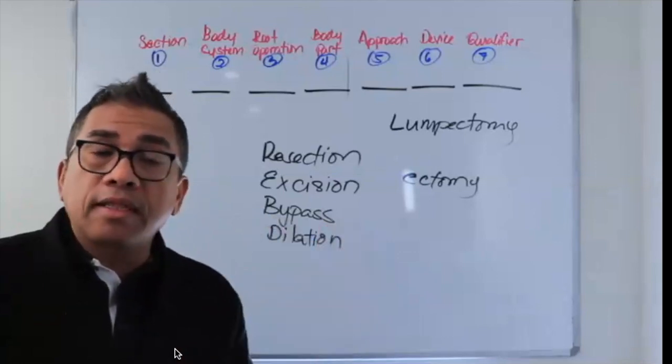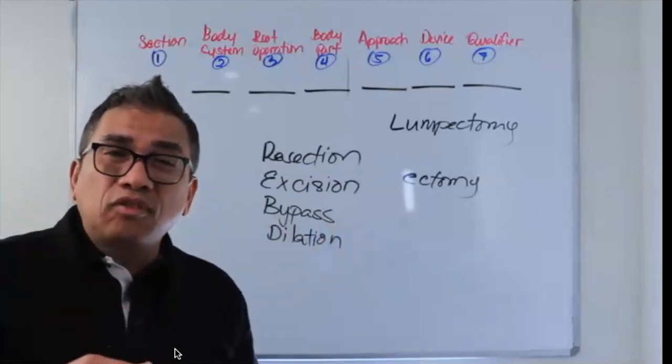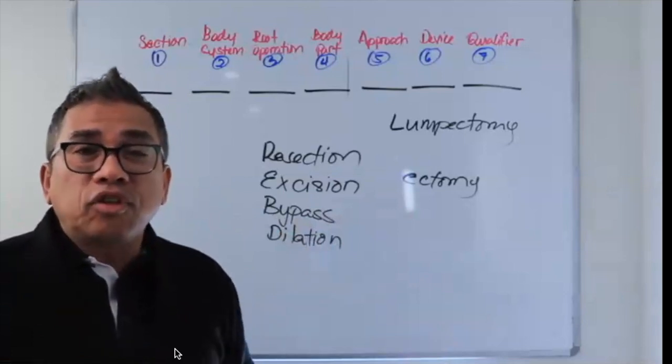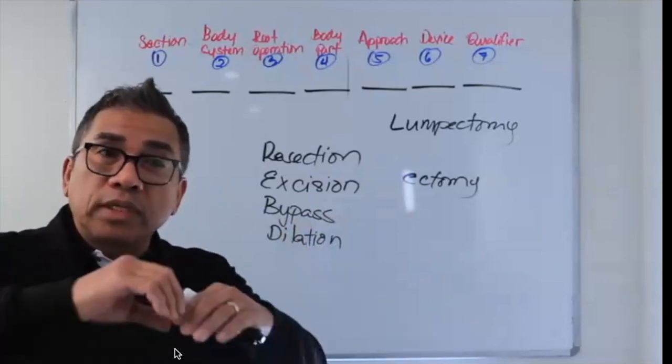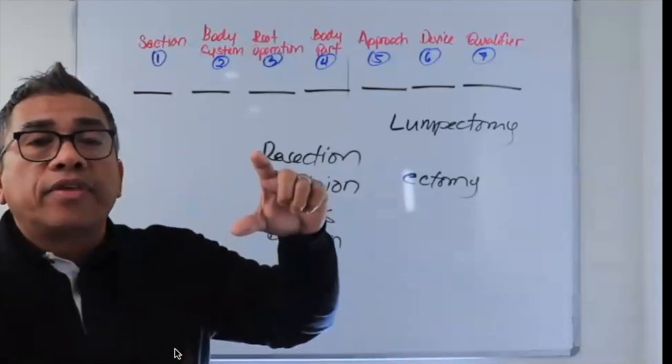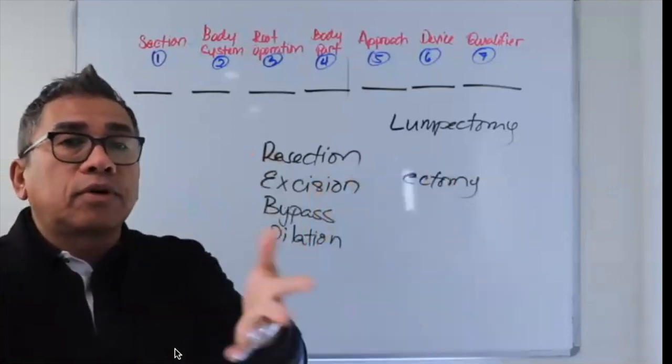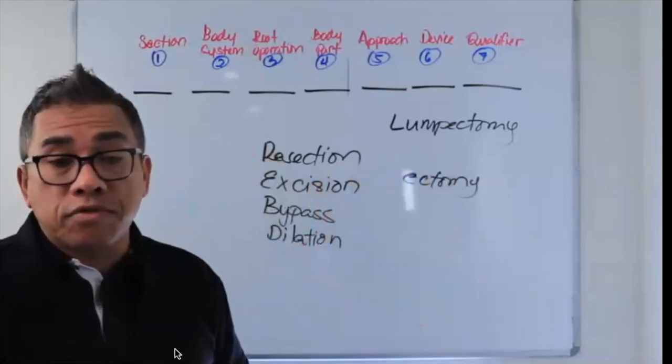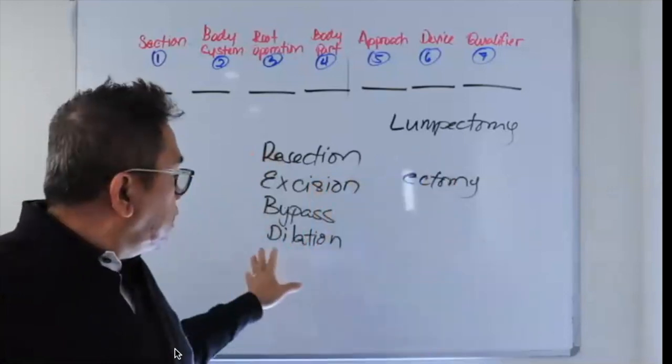And there was a clot there. Sometimes the doctor does not need to perform the bypass procedure. We'll just do a dilation. We'll dilate the artery in order for the blood to continue to flow through. So that's another common procedure.